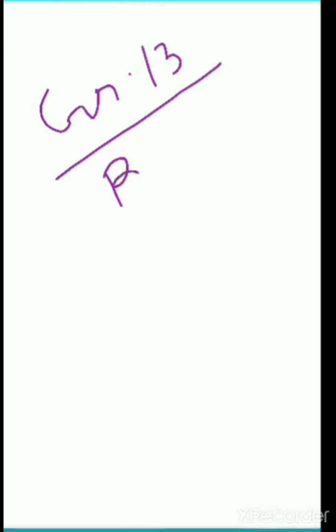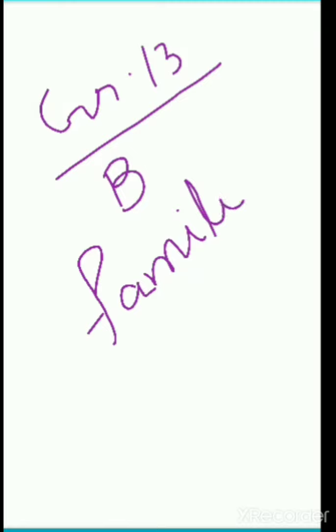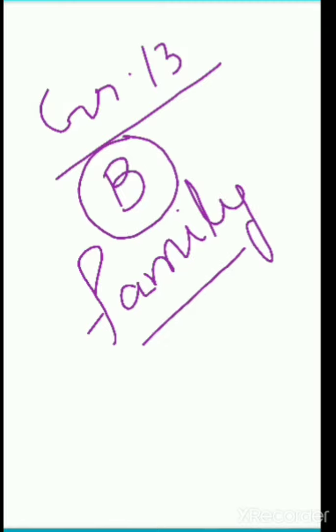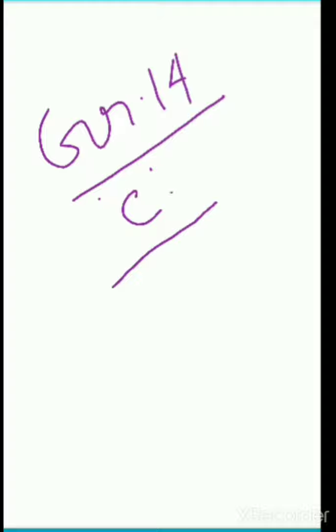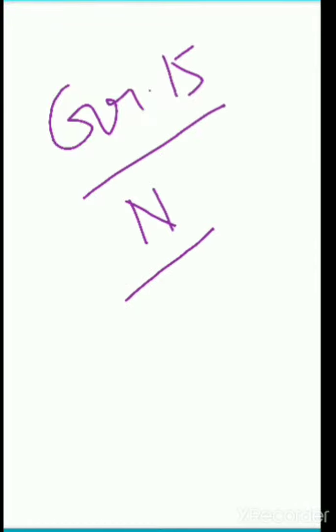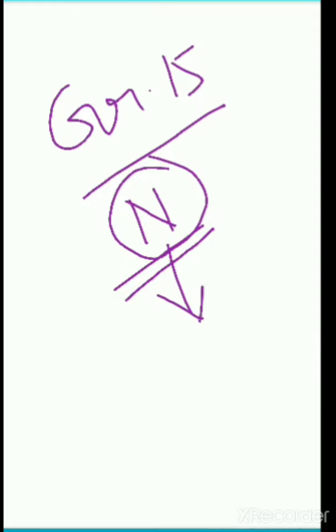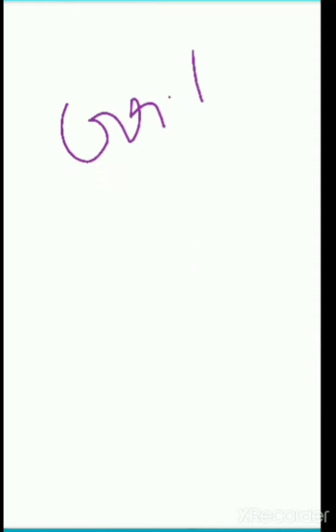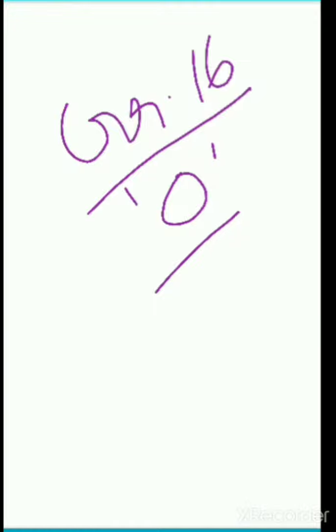Now group 13 is Boron family. Why? Because it starts with the element boron. And group 14 is known as carbon family because it starts with the element carbon, and group 15 is known as nitrogen family because it starts with the element nitrogen, and group 16 is what we all know, oxygen family, right?